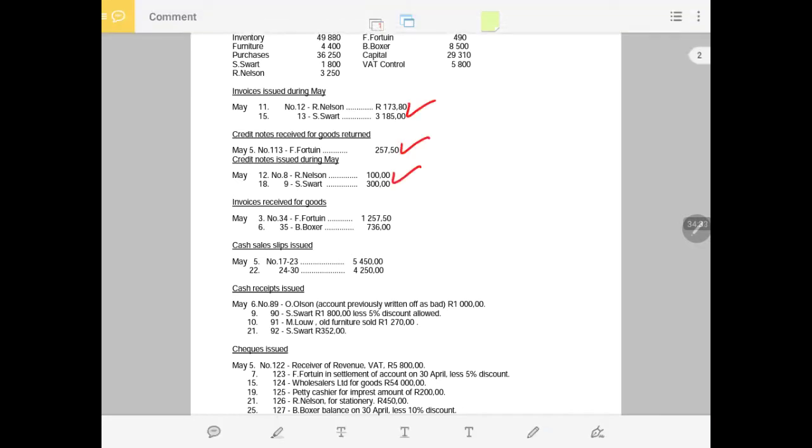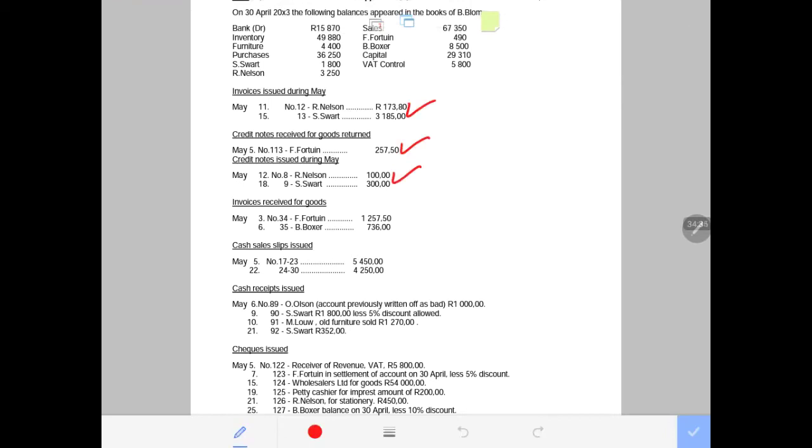Now we are busy with the next one, invoices received for goods, meaning this is our credit purchases, meaning we bought inventory on credit from our suppliers, and our suppliers sent us an invoice. So this is a credit purchase.